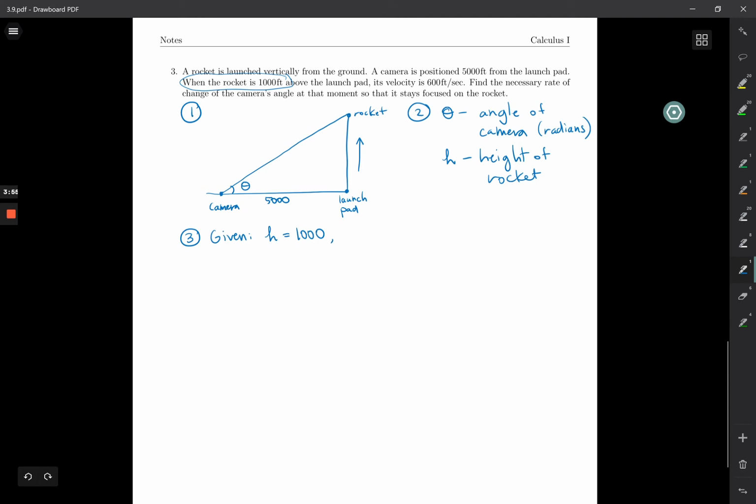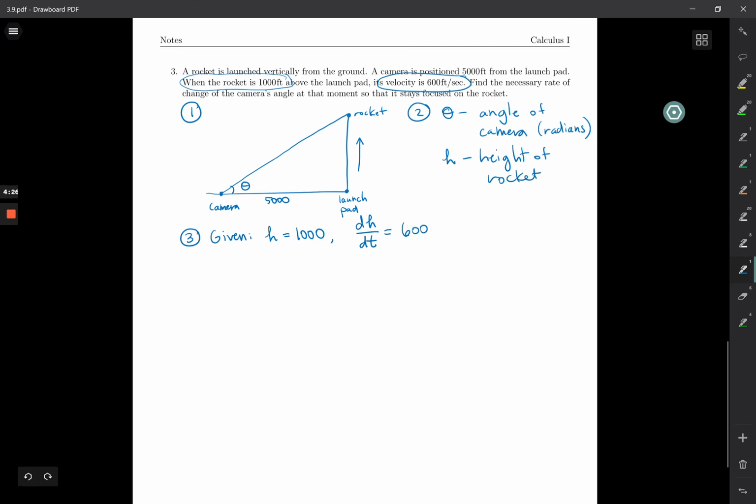And then it also says that its velocity is 600 feet per second. Now the velocity is going to be the same as the change in height because the rocket is going only straight upwards, so velocity and the rate of change of the height are exactly the same thing. So here that means dh/dt we're given is 600.